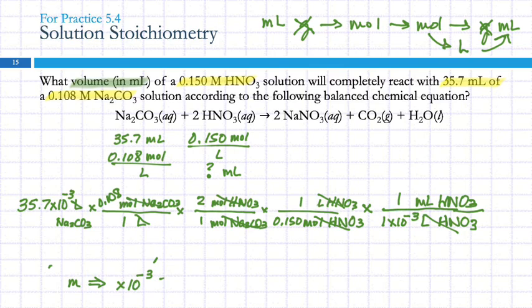So I have 35.7 EE negative 3 times 0.108 times 2 divided by 0.15 and then divided by 1 EE minus 3. And this is giving me 51.408 milliliters.